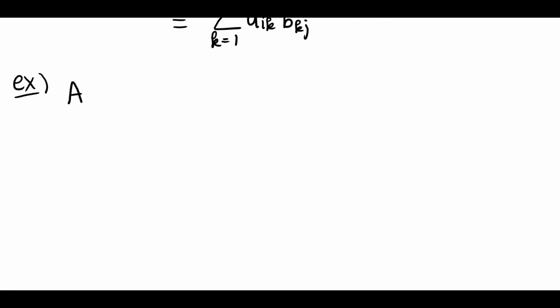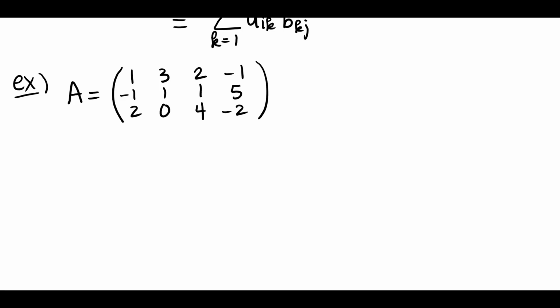Let's say that A is, I don't know, let's just do 1, -1, 2, 3, 1, 0, -1, 5, -2. I always try to do lower numbers because I don't want to deal with high numbers. This is a 3 by 4 matrix.